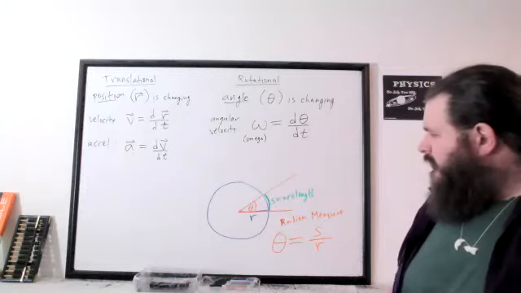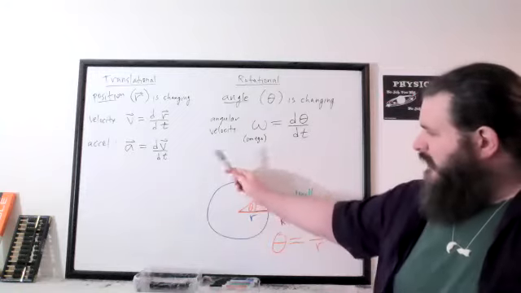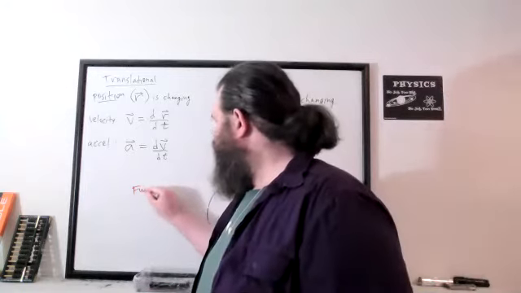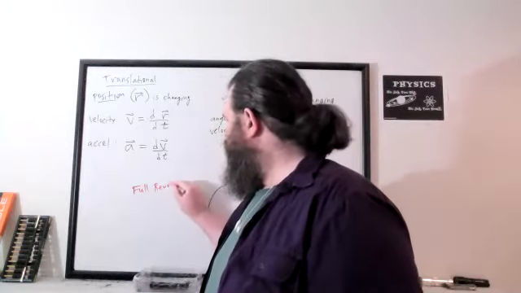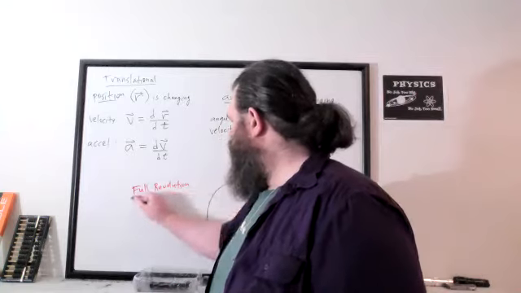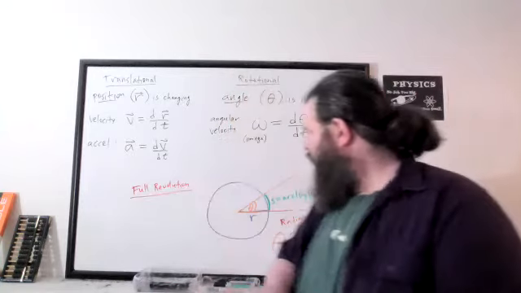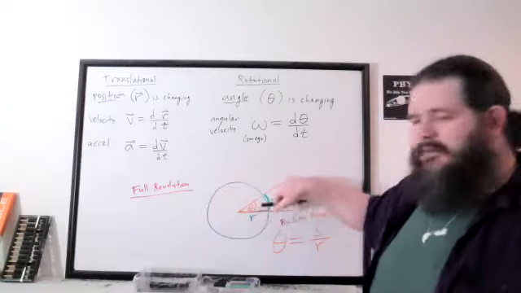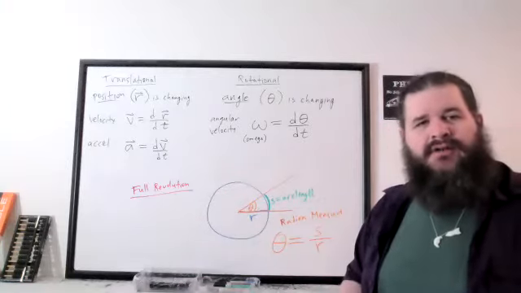One other example of this, let's say we have an angle that's so big that it's 1 full revolution. If you're talking about 1 full revolution, how much arc length, how much distance are we covering around the circle?